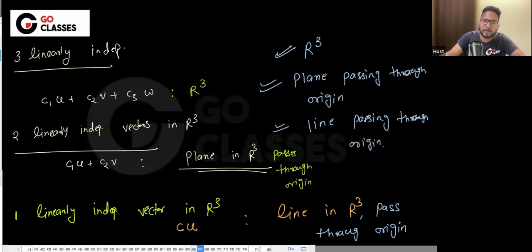But before that, let me ask you one thing. Suppose I have some set V, something like this, which just contains this zero. Tell me, is this V a vector space?